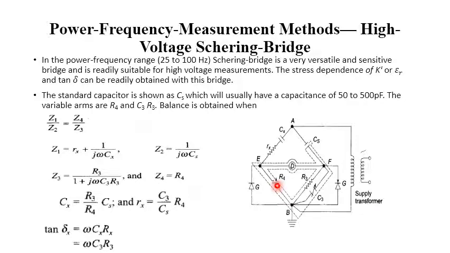From the balance equation, the unknown capacitance Cx is equal to R3 by R4 into Cs, and the unknown resistance Rx is equal to C3 by Cs into R4. After simplification, there are real and imaginary terms.